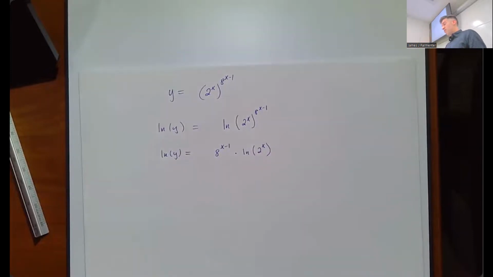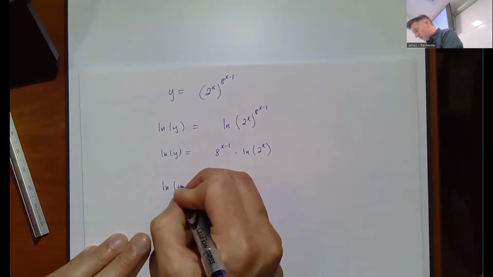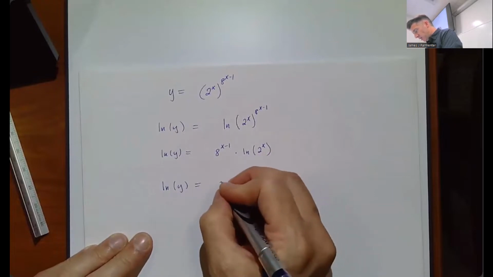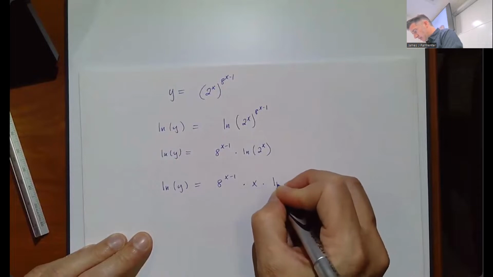But then you might say, well, James, there's still more powers I can bring down. I can still bring down the x, all right? There's no reason I can't. So I could actually write this as the natural log of y equal to 8 to the x minus 1 times x times the natural log of 2.